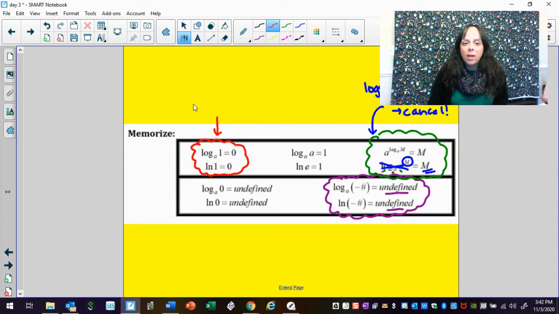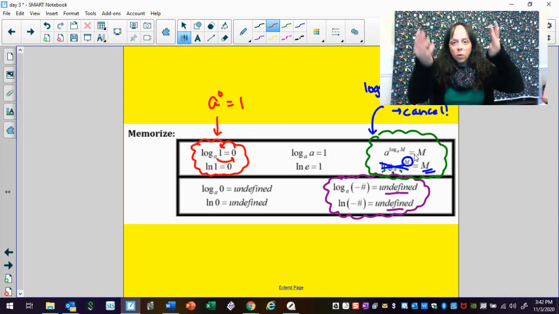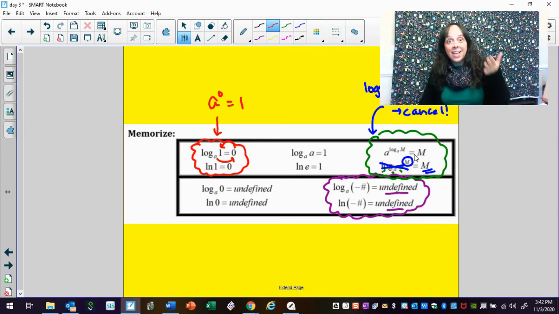And the reason why is because anything to the 0 power is 1. Oh, well, when you say it like that, Miss Groses, of course, it makes sense, right? It's the exact same rule that you learned in Algebra 1, just written all fancy in log speak, okay? Anything to the 0 power is 1. You know that. So you now know that log of 1 is always 0.